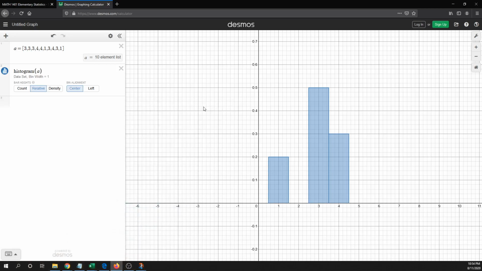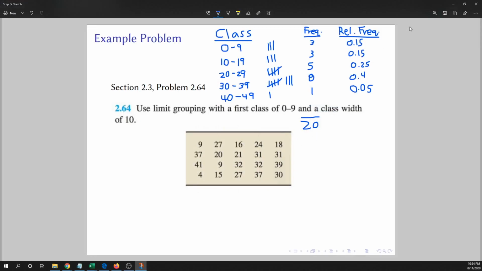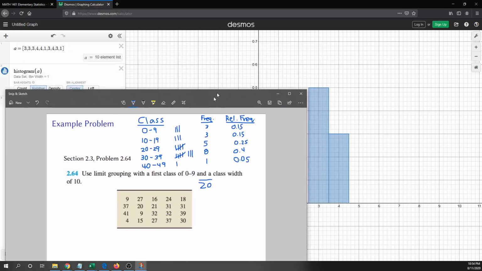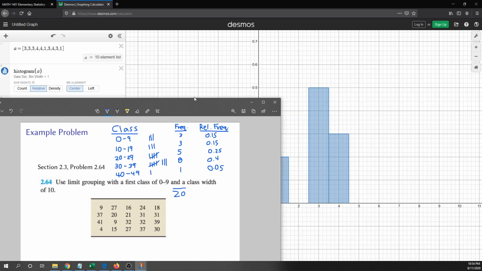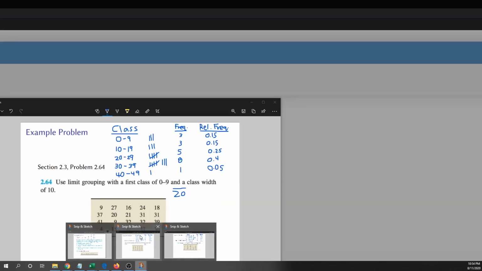All right, and so say if we had one of these other ones here, like if we type this in, it should do exactly the same thing. It will generate us a... Let's see if we can do that really quickly.